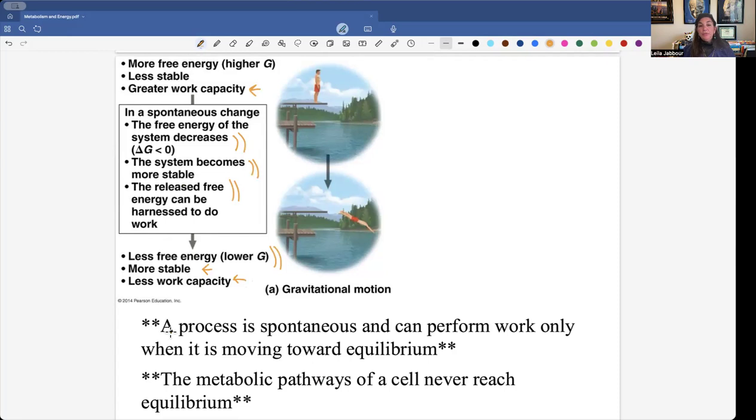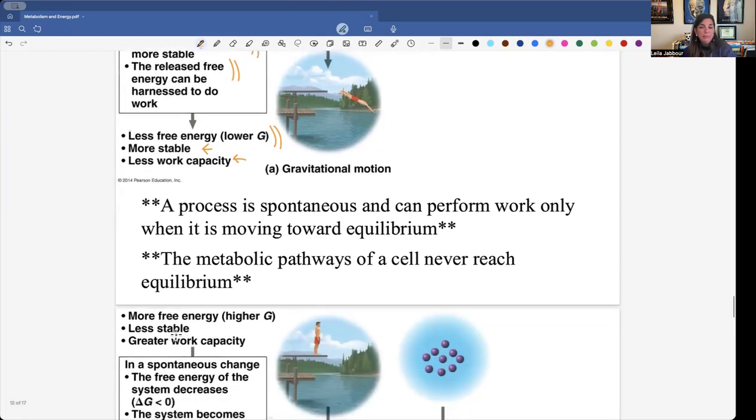A process is going to be spontaneous and perform work only when it's moving towards equilibrium. The metabolic pathways of a cell never reach equilibrium. We're always moving towards equilibrium, but never really reaching it.